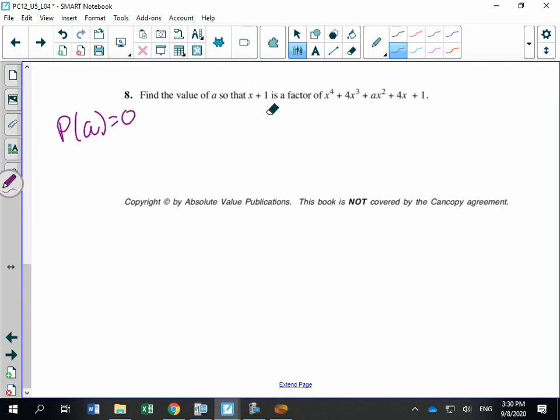So if they want this to be a factor, our remainder is 0. So that's my binomial. So you have to ask yourself, okay, what is the root? So the root is negative 1. So p of negative 1 is equal to, I have to plug everything into here. Whenever you see an x, substitute it out for a negative 1.